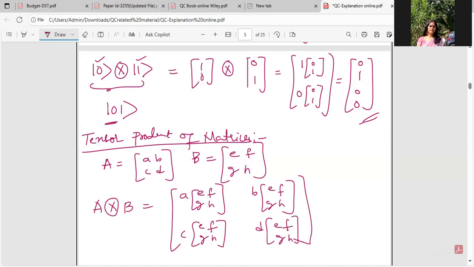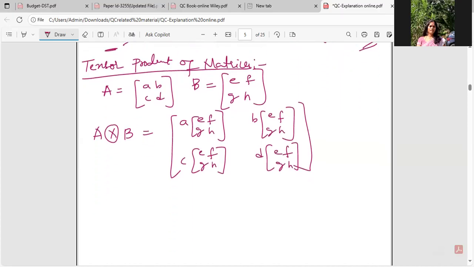It's going to be very huge, but then it's fine. Each of these is 2 by 2.